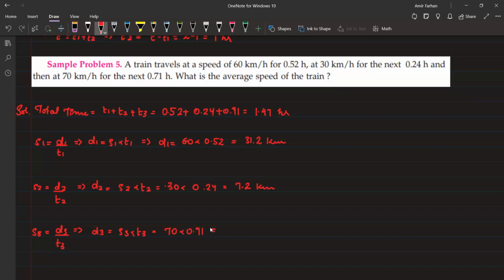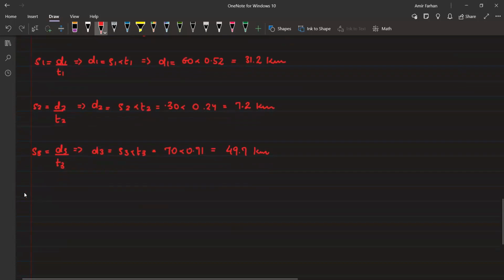So this is coming out to be 49.7 kilometers.